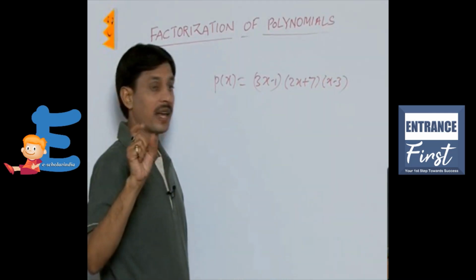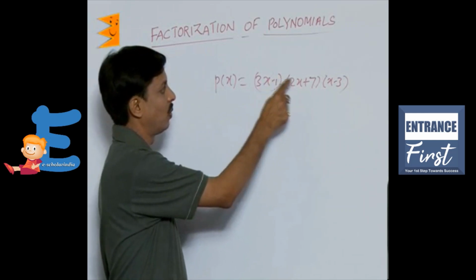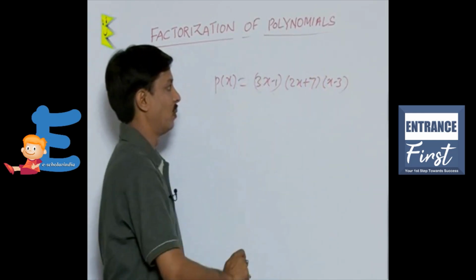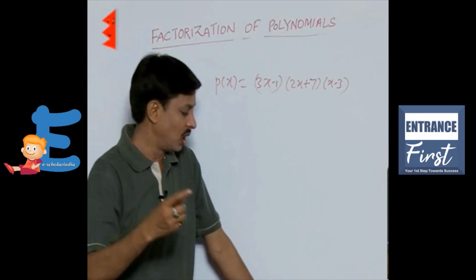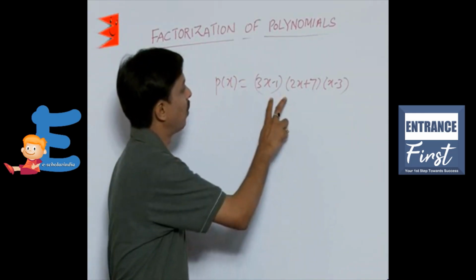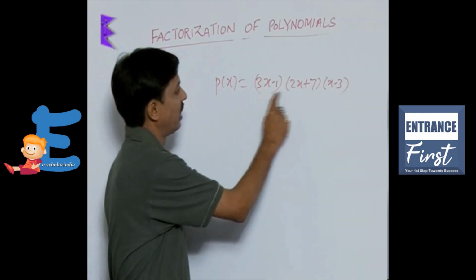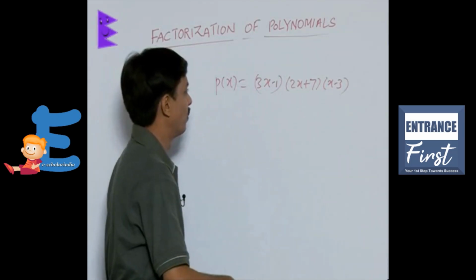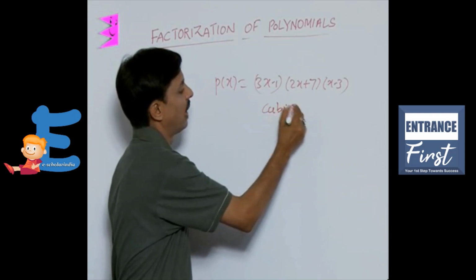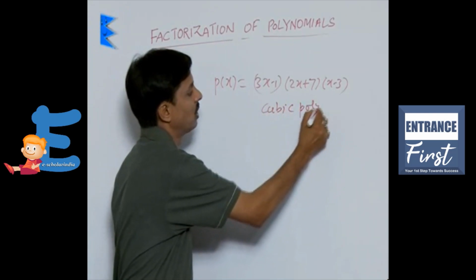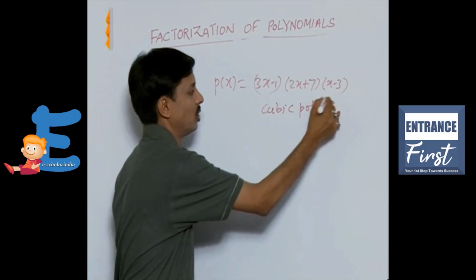First of all, I can explain, this is a linear polynomial, linear polynomial, linear polynomial. This entire polynomial is the product of three linear polynomials. So what can I conclude? That it is a cubic polynomial. As it is a cubic polynomial, it will have how many zeros? It will have 3 zeros.